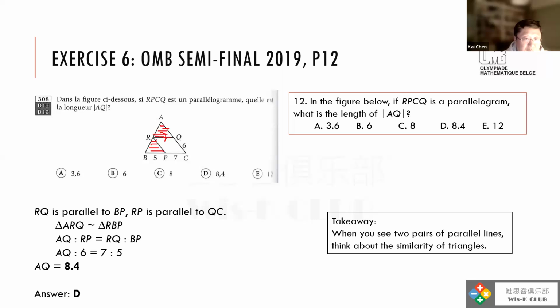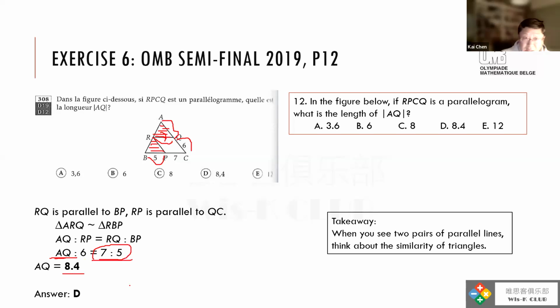So we have RQ is 7, BP is 5. So we know the ratio, RQ over BP is 7 over 5. And then, of course, AQ should be also 7 over 5 times RP, where RP is 6. So AQ is 7 over 5 times 6, which gives 8.4.